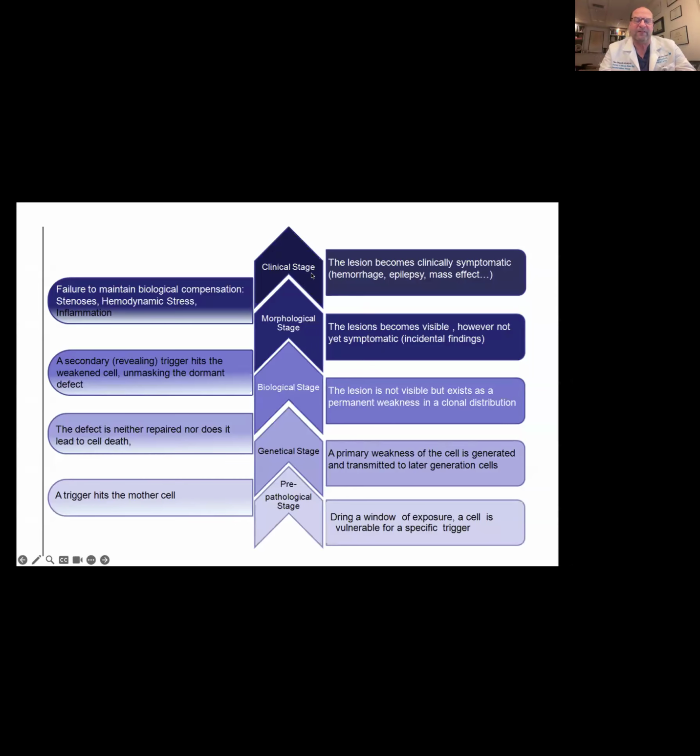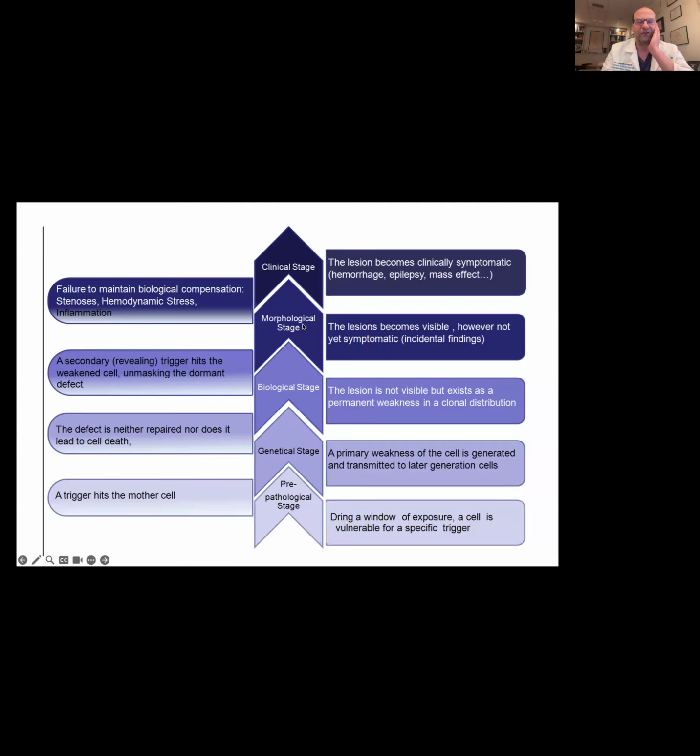We see them as clinicians when the lesion becomes symptomatic due to hemorrhage or epilepsy. But before it's symptomatic, it's already visible as an incidental finding. What makes an AVM move from the morphological to the clinical stage? We don't know, but maybe it's biological changes, stenosis, hemodynamic stress. We will talk a little bit about inflammatory changes with the brain AVM.